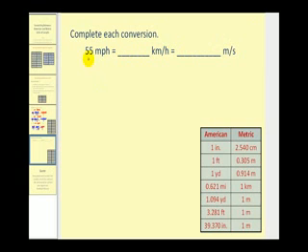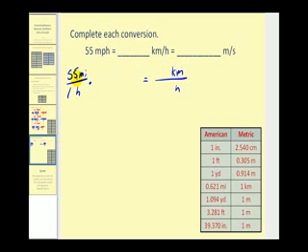So remember that this is a rate that can be written as a ratio. 55 miles per hour would be 55 miles per 1 hour. Notice the first conversion will be to kilometers per hour. Notice that our denominator is already in hours, so there's no conversion here with time, but there is a conversion here with the length.